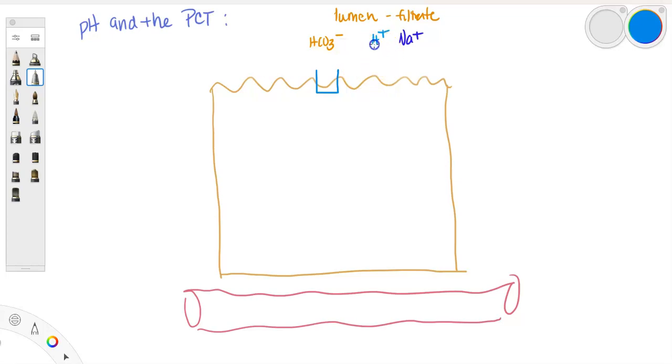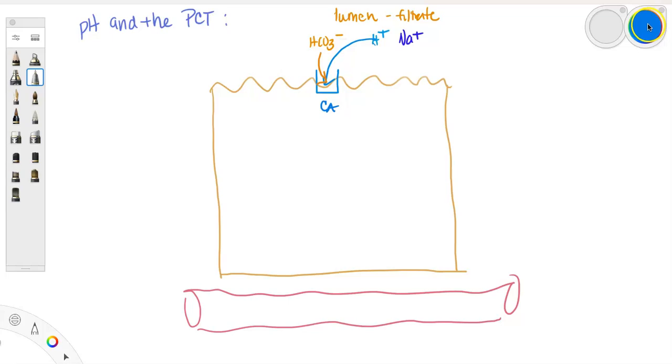And what happens is when hydrogen comes in here and bicarbonate comes in here, this little receptor has a very important enzyme called carbonic anhydrase. So we've seen this before about a million zillion times. And carbonic anhydrase brings the hydrogen and the bicarbonate together and will create, remember, carbonic acid.